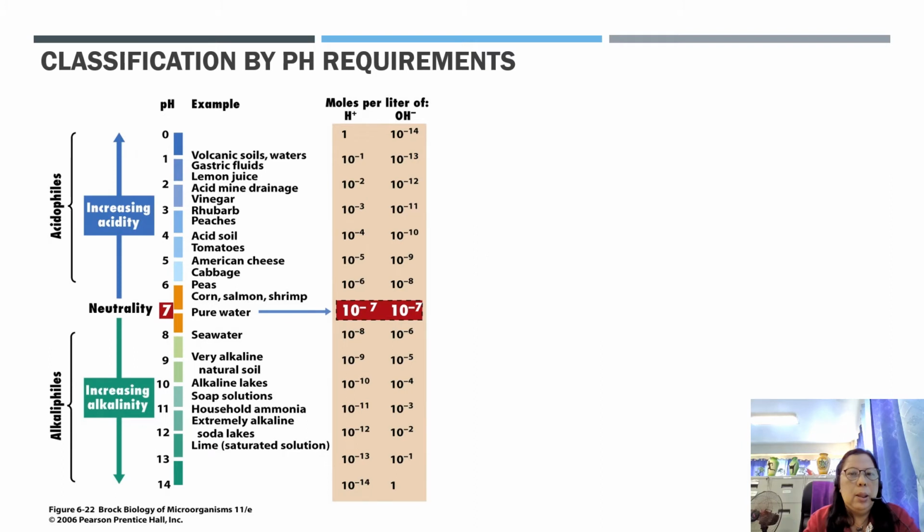And then these are the classifications by pH requirement. The acidophiles stay here from 0 to 6, and then the neutrophiles belong to this pH and could be found even in pure water, and then the alkaliphiles.